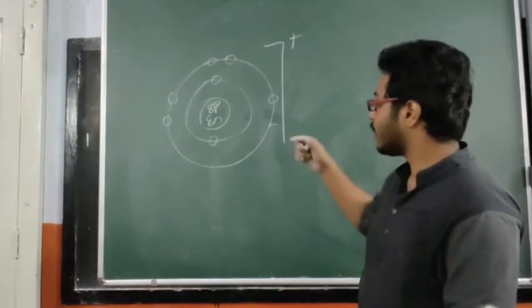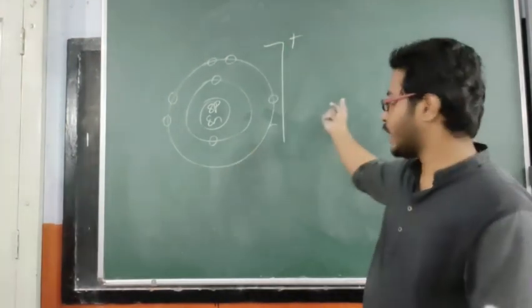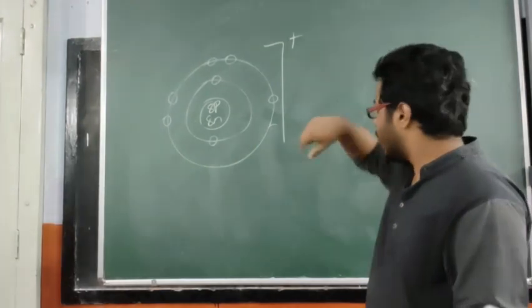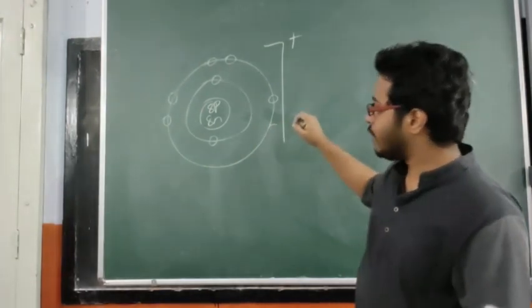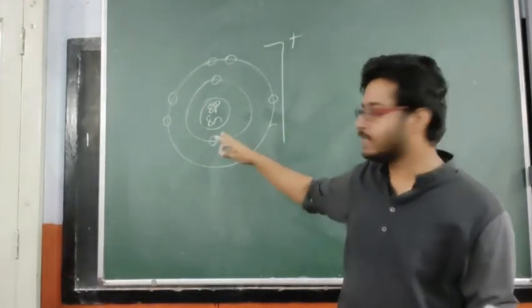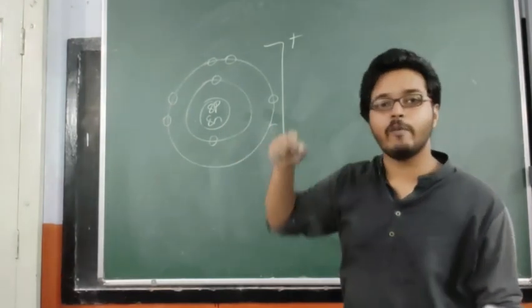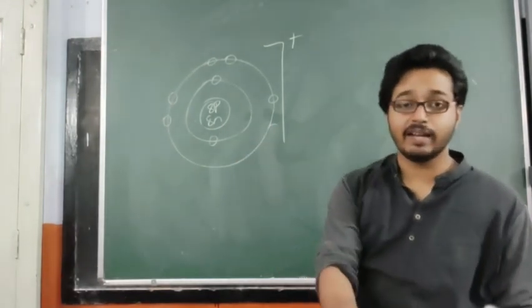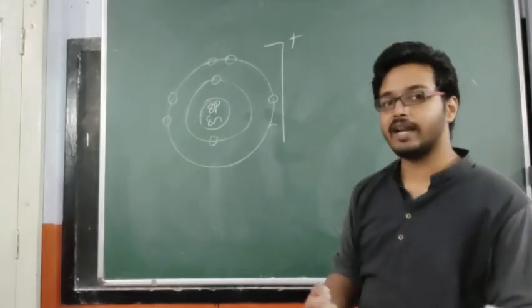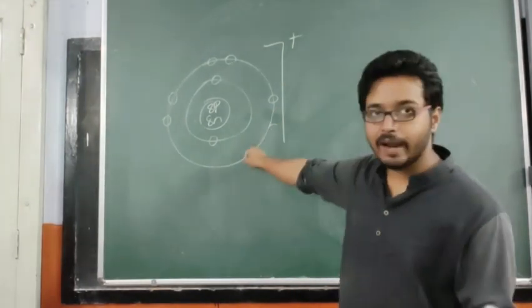I have converted a normal atom into an ion. Suppose I have given a particular amount of energy to carry out this process. That amount of energy will be the ionization enthalpy or ionization energy of this particular atom.